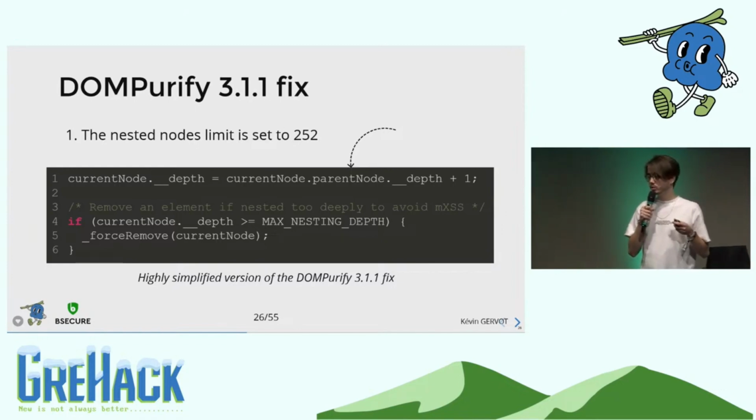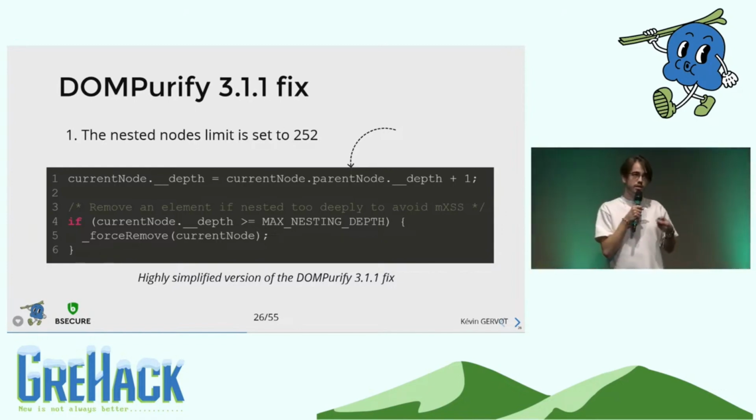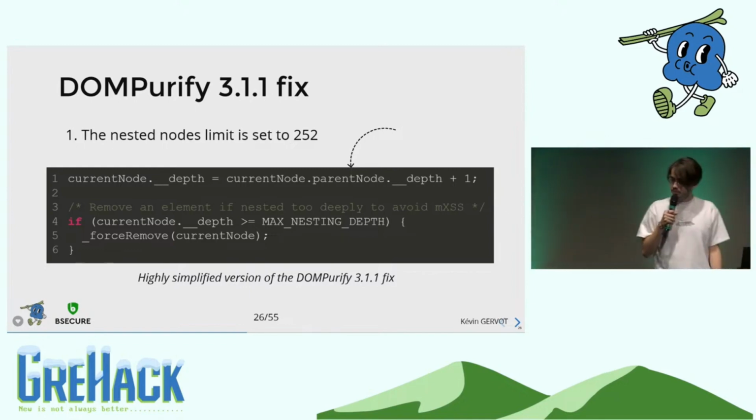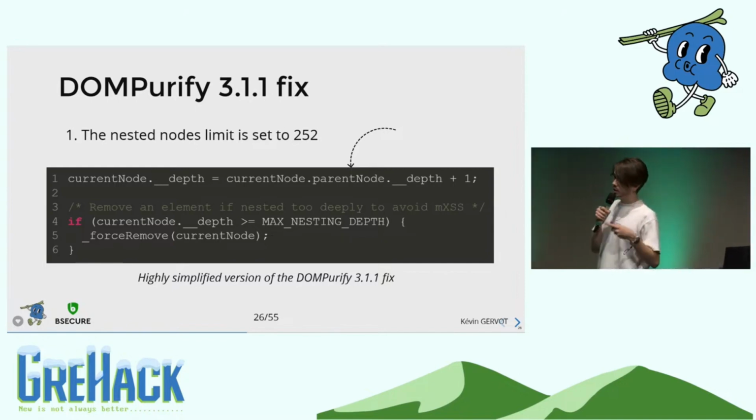You might think that they might be using a JavaScript API to do that, but there is no such API. So basically, they just take the current node which is being sanitized, they access the parent node, they check the depth property, and they append one. And when they reach 252, they remove all the nodes above.